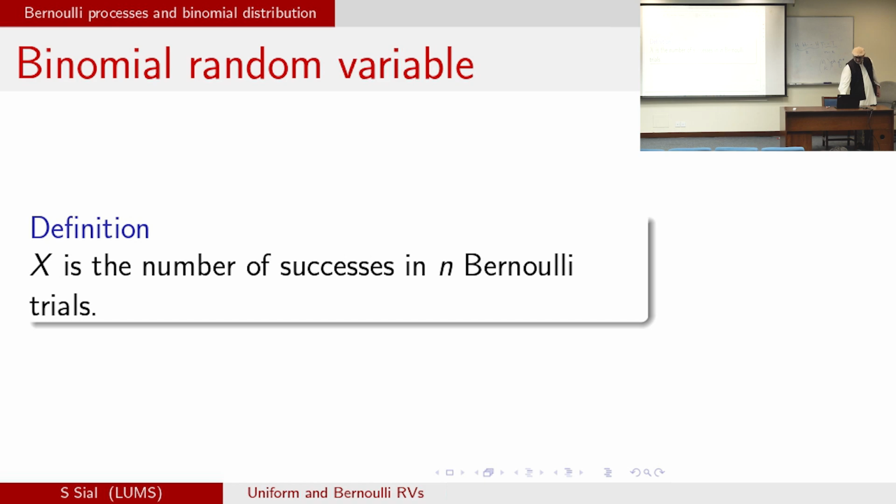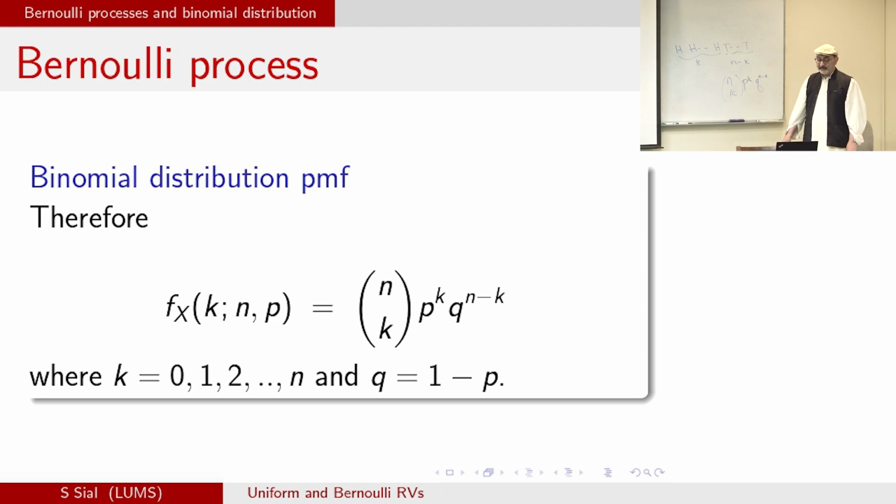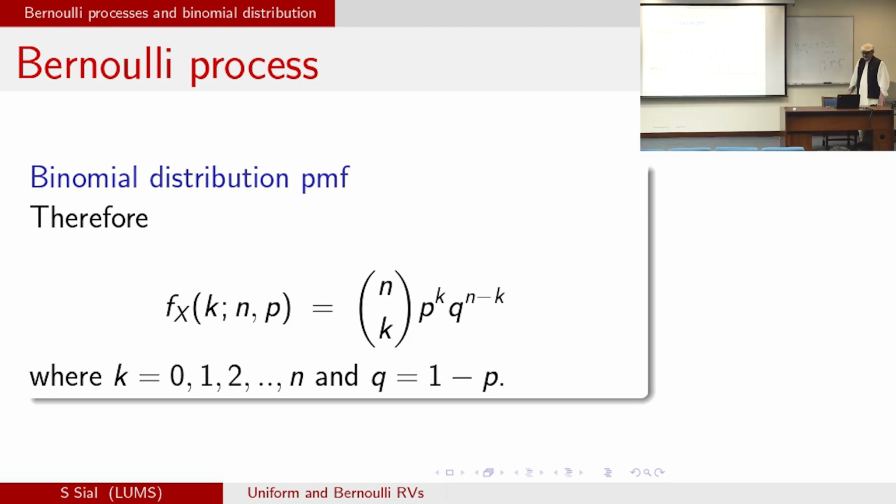Number of successes in n Bernoulli trials. And so we speak of a Bernoulli random variable, and it has a binomial distribution, which is the one that we've worked out.